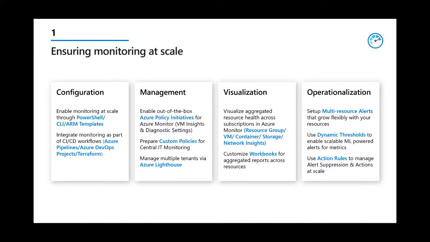On visualization, I think I talked quite a lot about this, but a takeaway would be, if you didn't try workbooks until now, please take a look. You'll see they are very, very useful, and it's the easiest and quickest way to generate dashboards without writing queries and defining the logs and metrics by yourself.